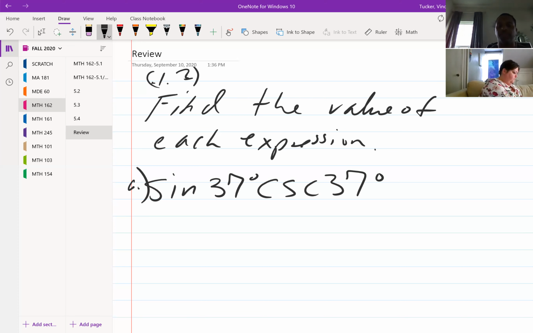So we want to find the value of each expression. They give us sine of 37 degrees times cosecant of 37 degrees.